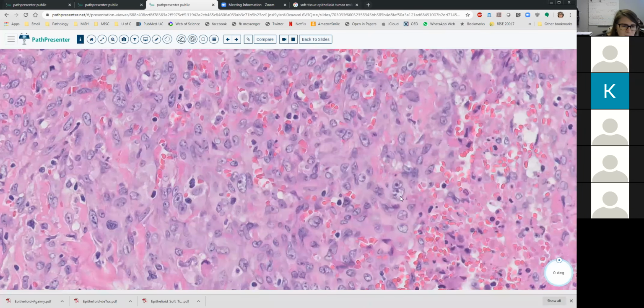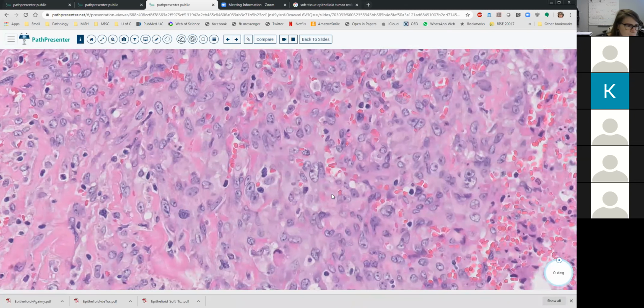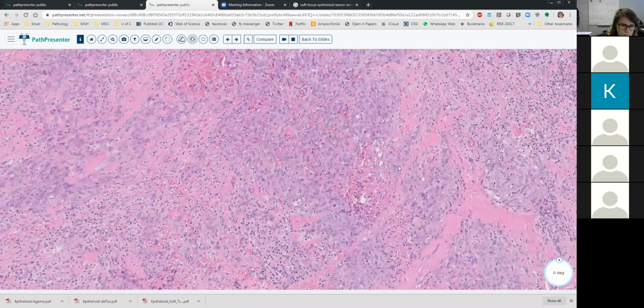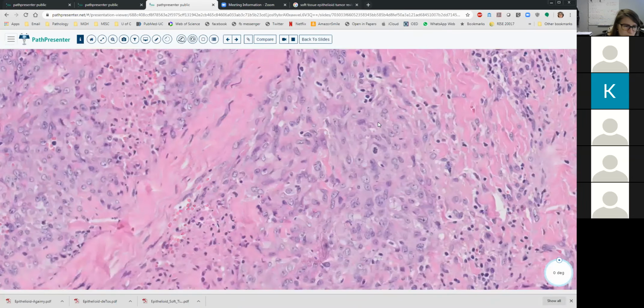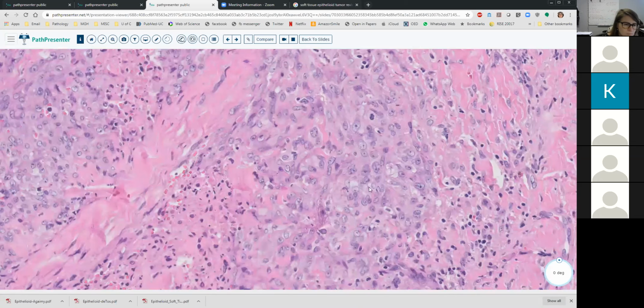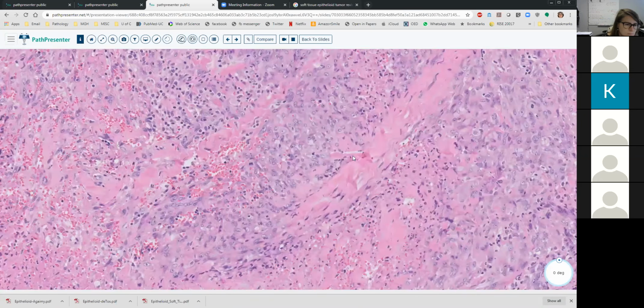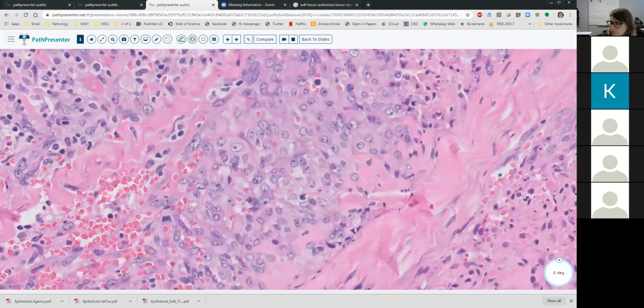I mean, at baseline, my differential would be pretty broad with the prominent nucleoli. I know we always think about melanoma. Based on location, could it be a met of some sort of high-grade carcinoma? And then, of course, all the other things we have currently been discussing today.